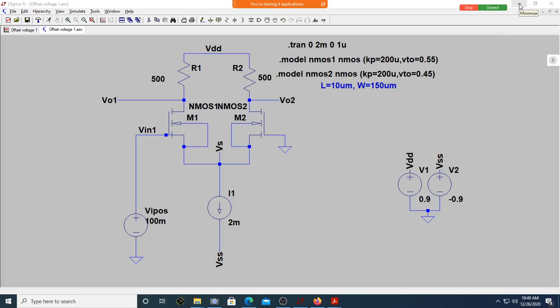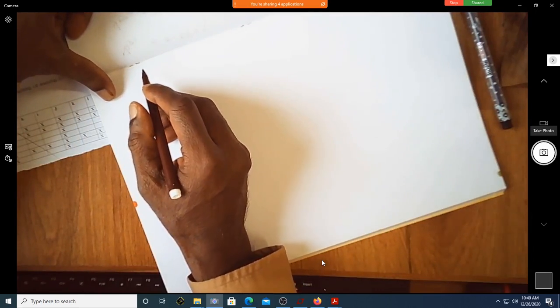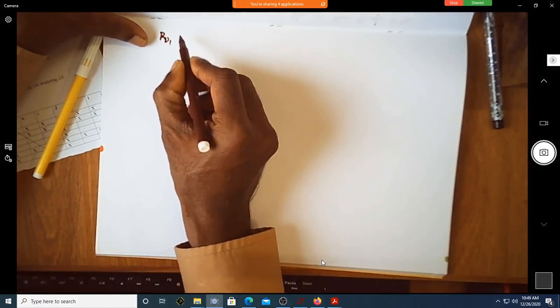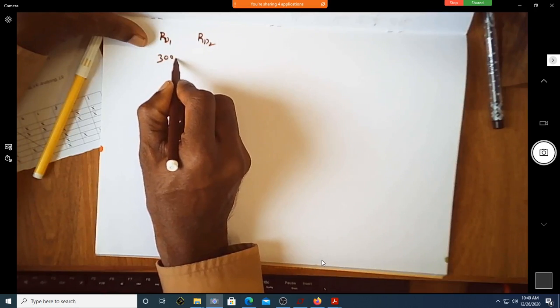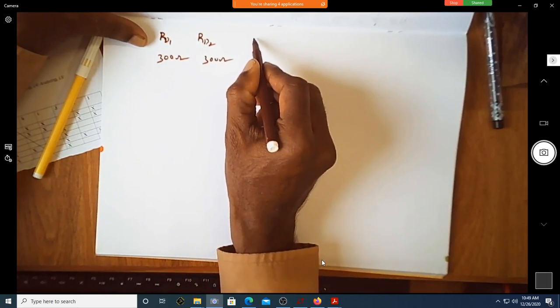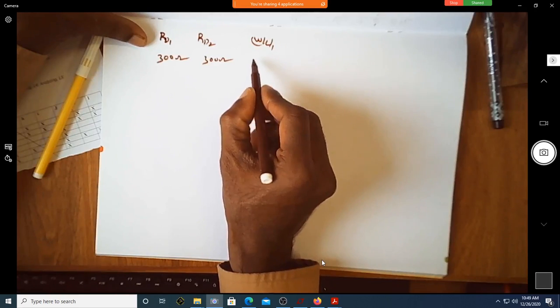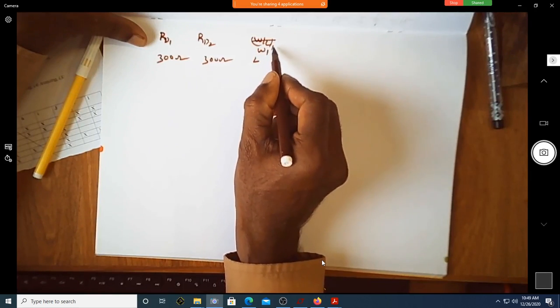Maybe let me just give you this question now, on the same topic. I want all of you to solve and tell me what the value is. Let me open this. I have the differential amplifier. You are supposed to find the offset voltages. Simply make W1.